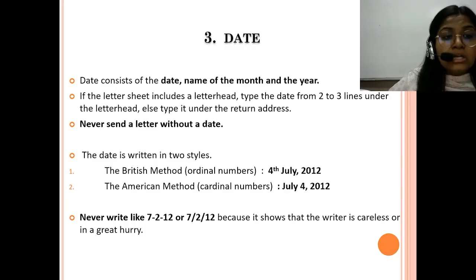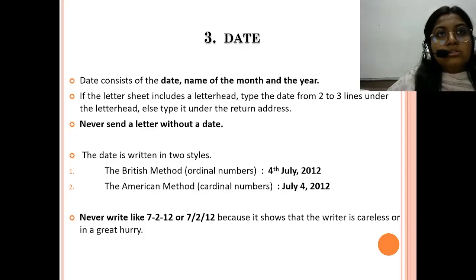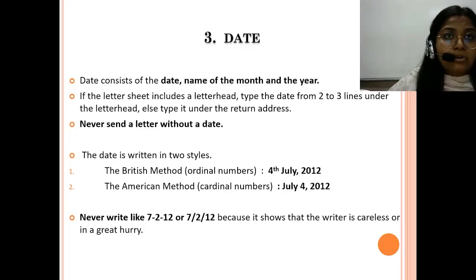Never send a letter without a date, because otherwise we cannot tell when we received that letter. If the letter sheet includes a letterhead, type the date two to three lines under the letterhead. Otherwise, type it under the written address.